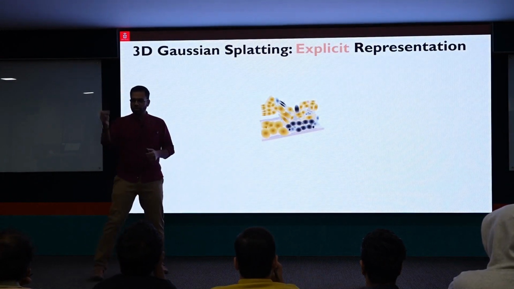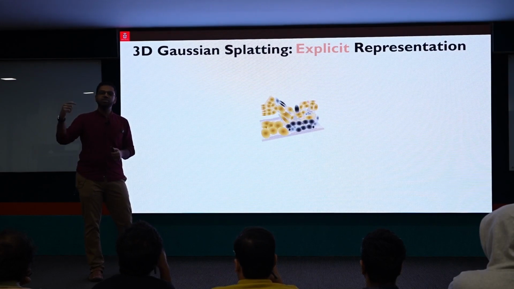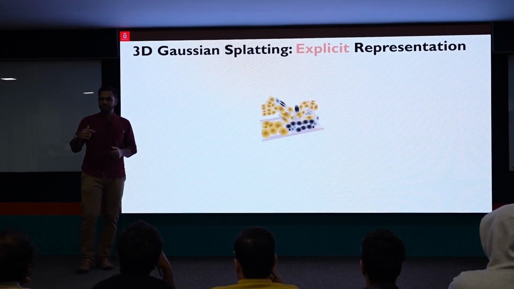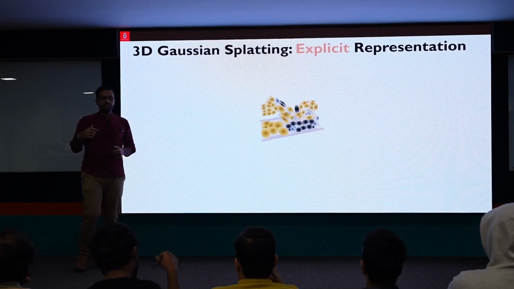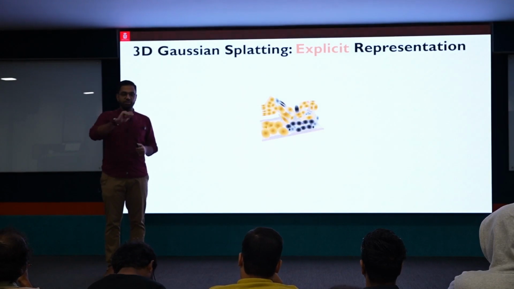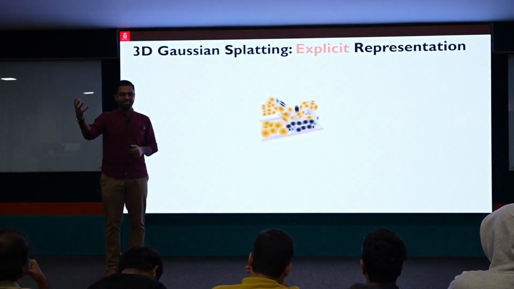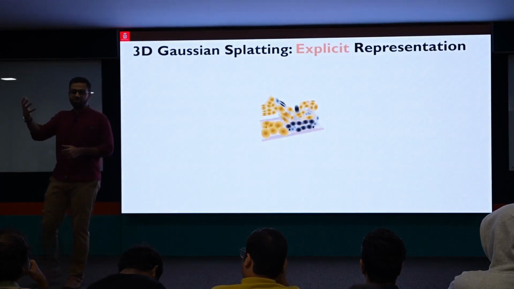So if you want to know what the radiance is at a certain point, you find the closest Gaussian function or the closest ellipsoid, read through some of its properties, and that will tell you something about what the radiance at that point is. Okay? So it's different from a neural network where you have to do a forward pass. Here you have these explicit ellipsoids that are just sitting there, and they tell you something about the radiance value.